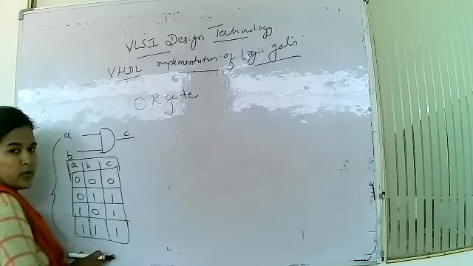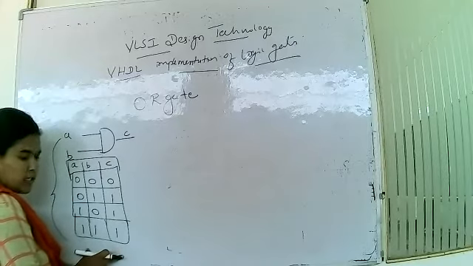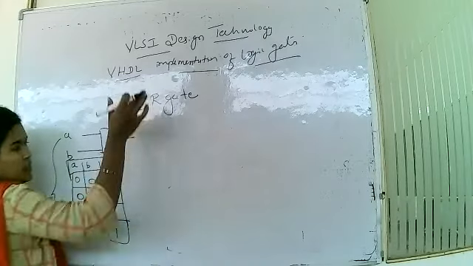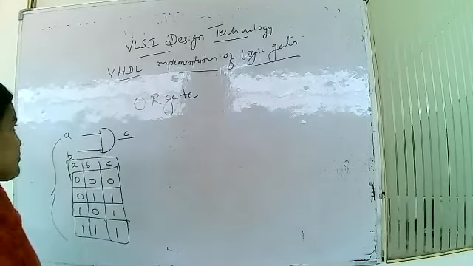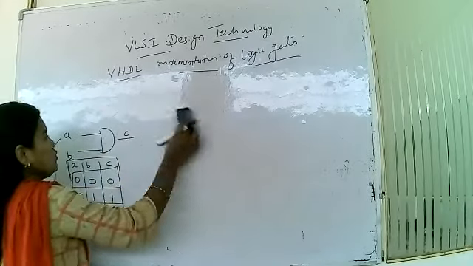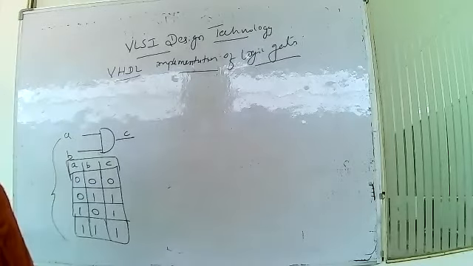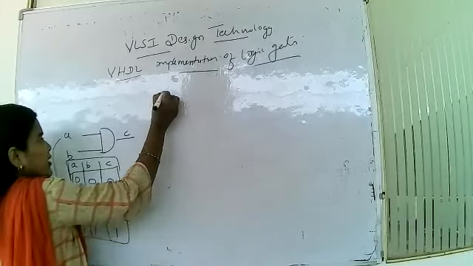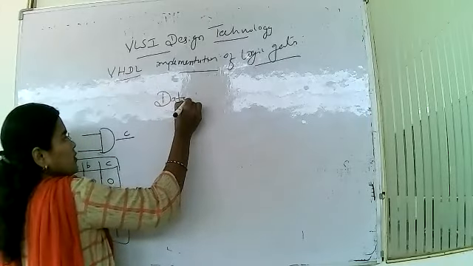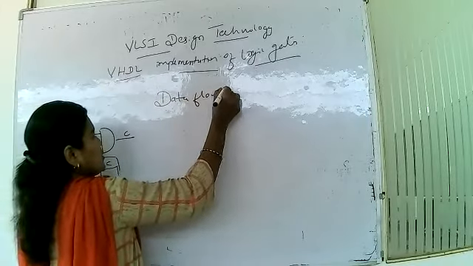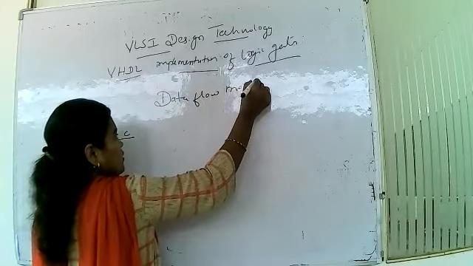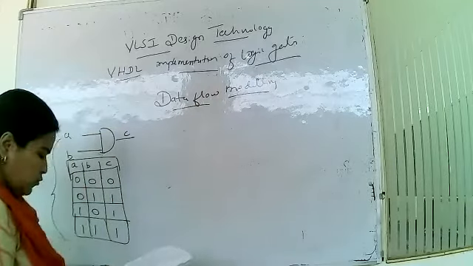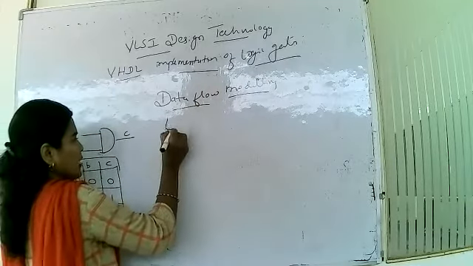Now we are doing this for the OR logic gate, writing the VHDL code. First we will study the data flow modeling, and we write the program for it.